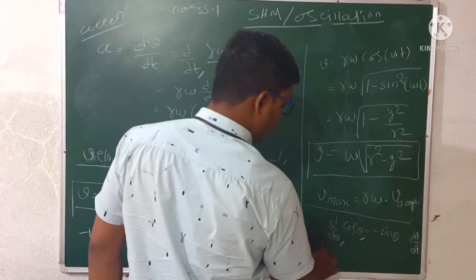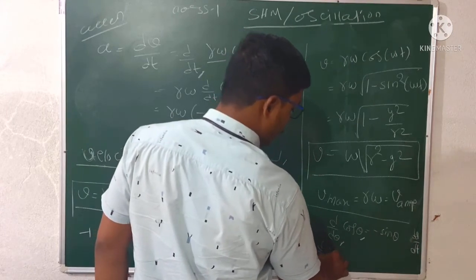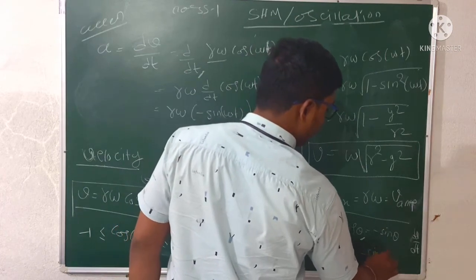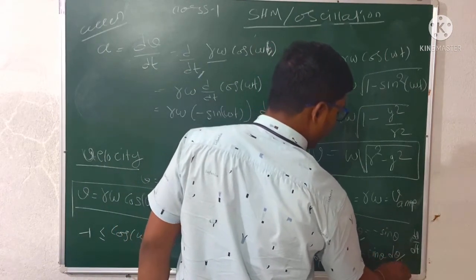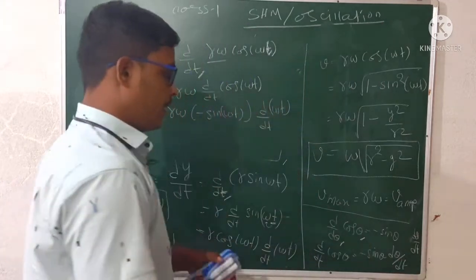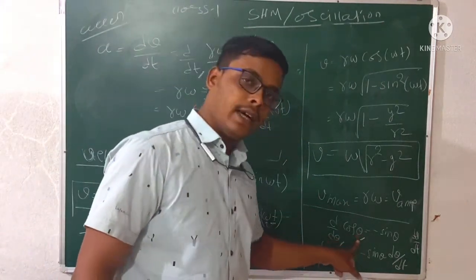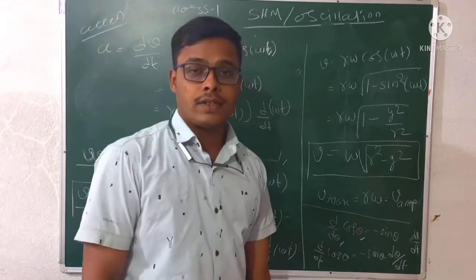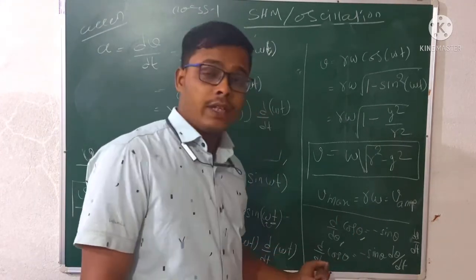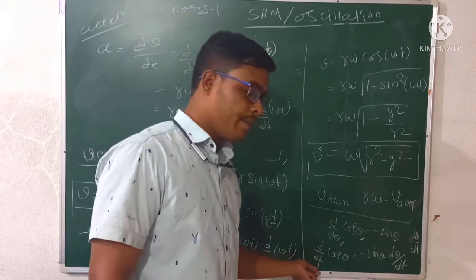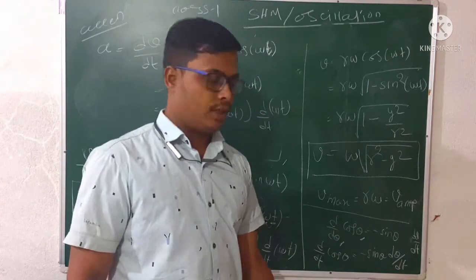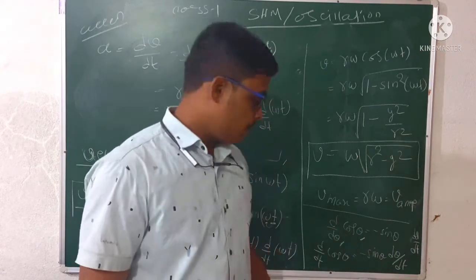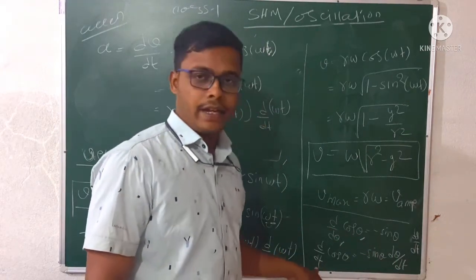But if you do the time derivative of cos theta, then your answer will be minus sin theta d theta by dt. This is called the chain rule, because here it is not theta, here it is t.